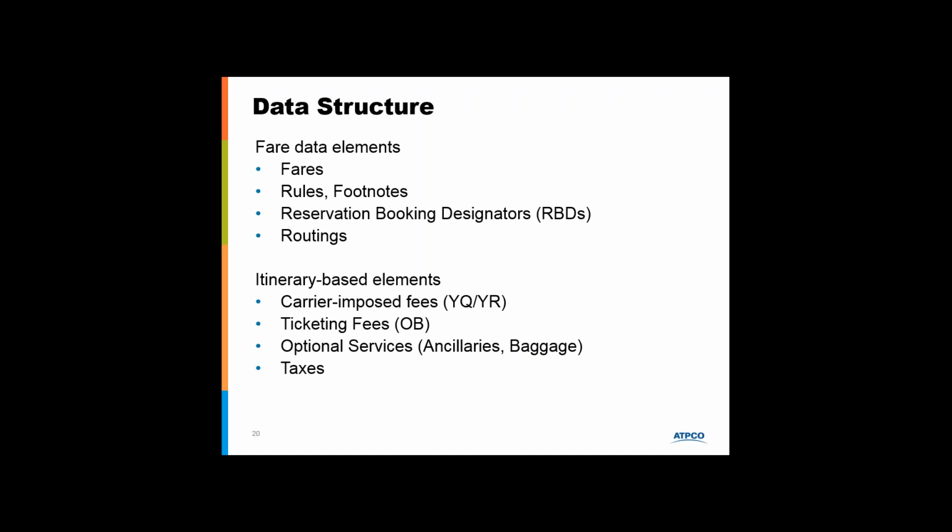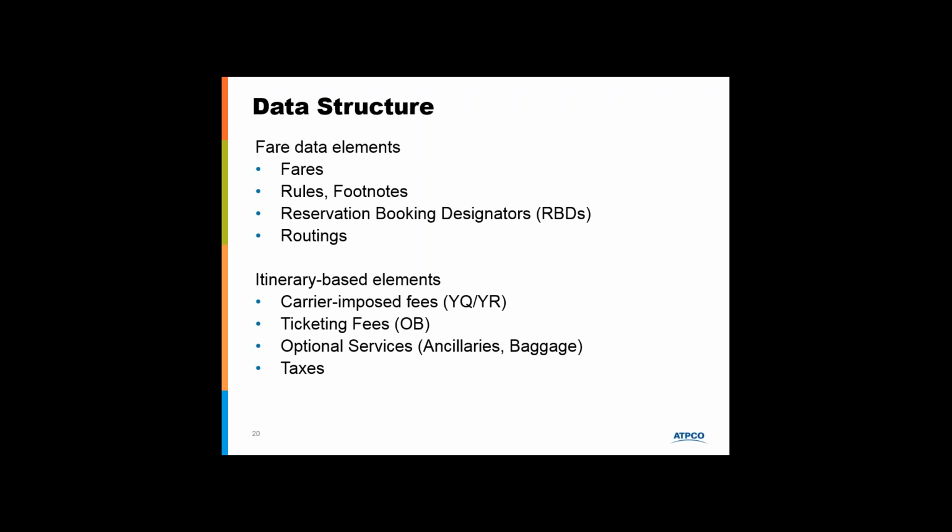Then we have what we call itinerary type data that would, after pricing, be used to impose any YQ or YR taxes. If an airline wished to impose a ticketing fee for a credit card transaction, or, for example, generating a ticket in a GDS costs them money, so they may want to impose that onto the passenger.